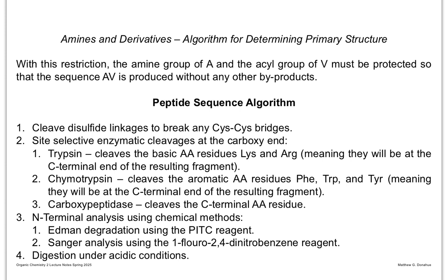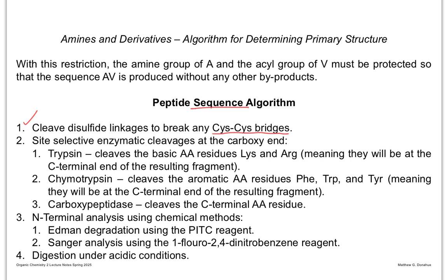So in wrapping this up, what is the algorithm for determining primary structure? So we know that the individual amino acids, they can bond together to form peptide bonds. You keep bonding them, you get this sequence. How do we determine that sequence? The first thing we would want to do is cleave any disulfide linkages to break cys-cys bridges.